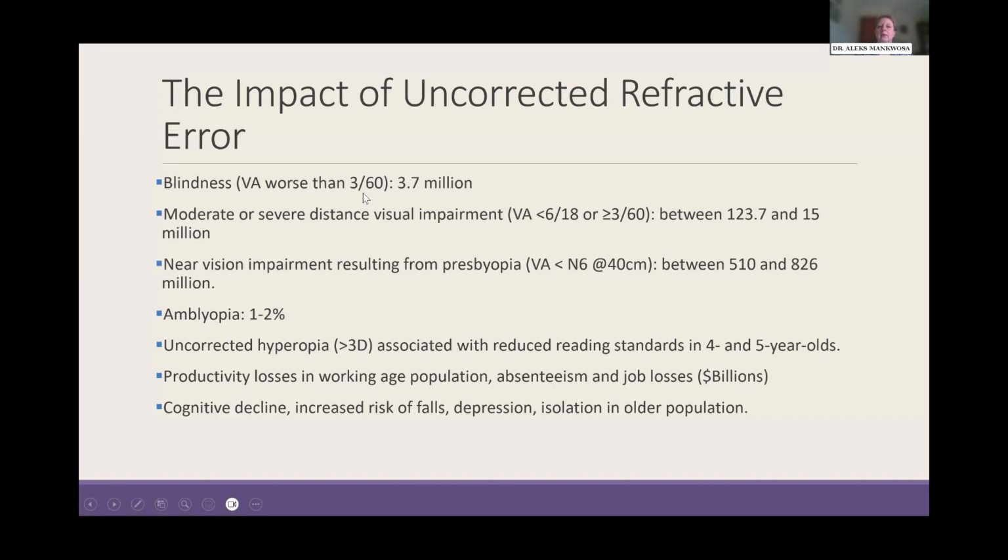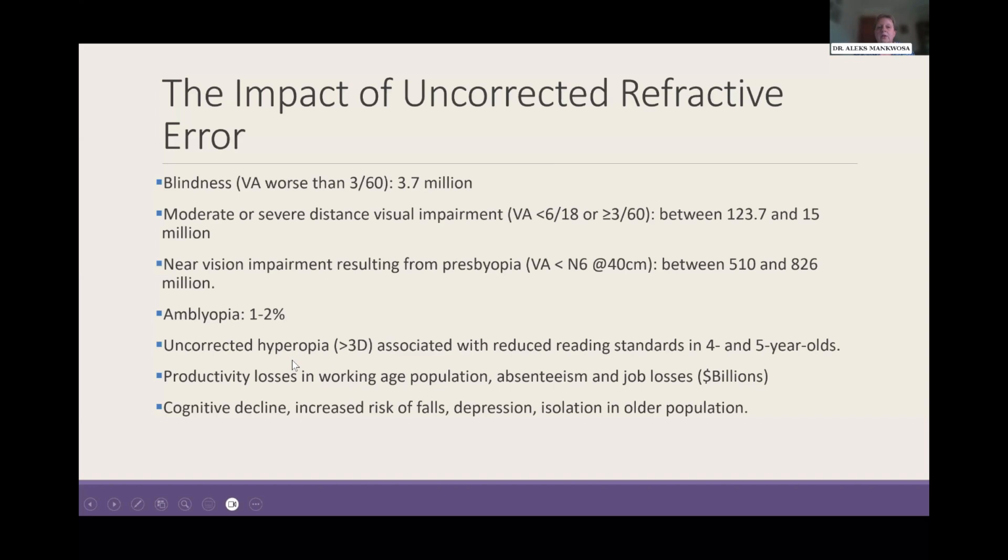And we see that the effect of this is not just on the patient themselves in terms of what they can see, but also how they can be involved in good productive work. We see that there is an increase in the loss of productivity and also of jobs if a patient perhaps is unable to attend work.